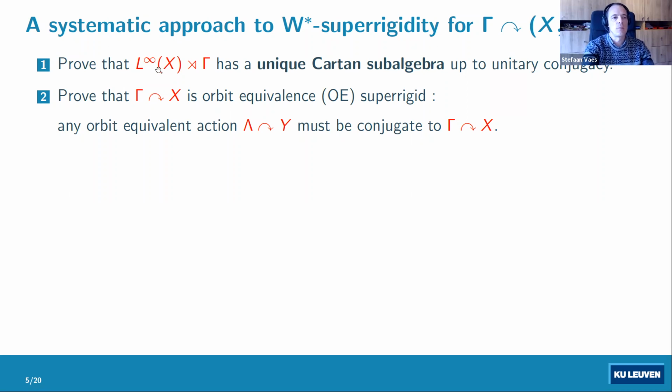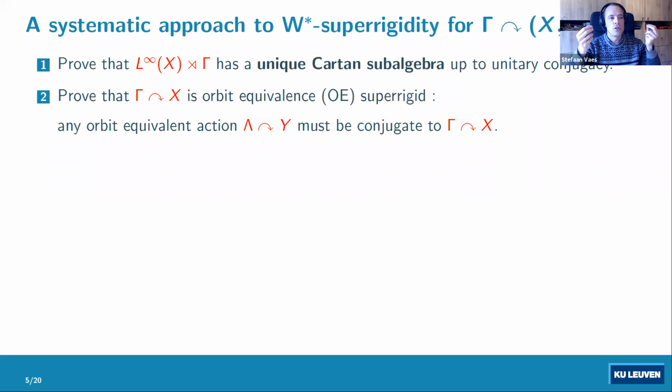So a Cartan subalgebra is a maximal abelian subalgebra, like L infinity of X, that is moreover regular, so its normalizer generates the entire crossed product. And in certain cases, but this is actually quite hard to establish, a von Neumann algebra has a unique such Cartan subalgebra. So this then forces, if you can establish point one, any other crossed product that is isomorphic.